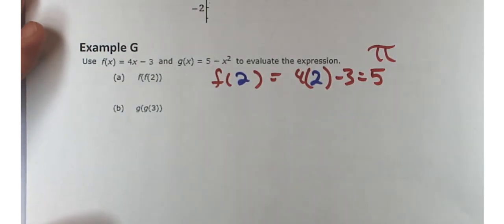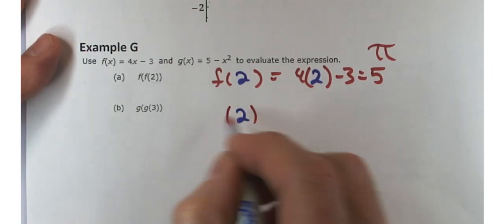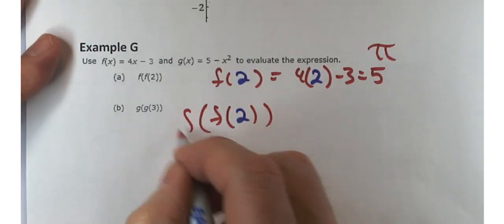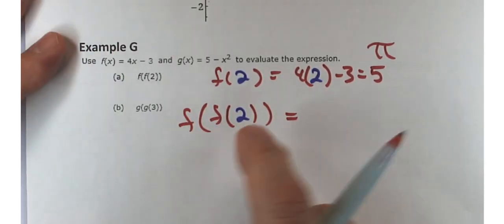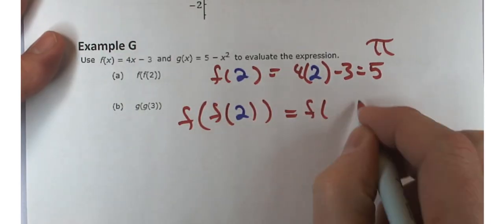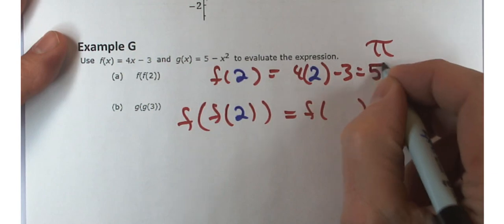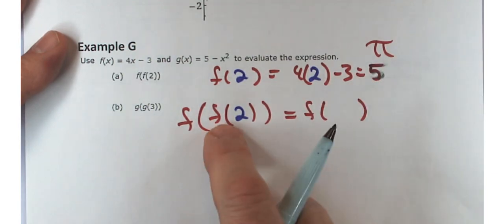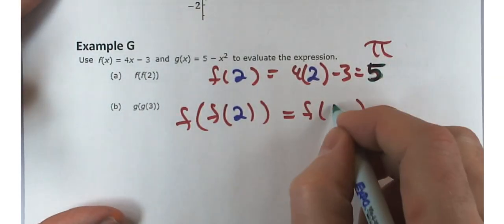So then f of f of 2 means really f of 5, right? I'm going to take that 5 and replace f of 2 by that.